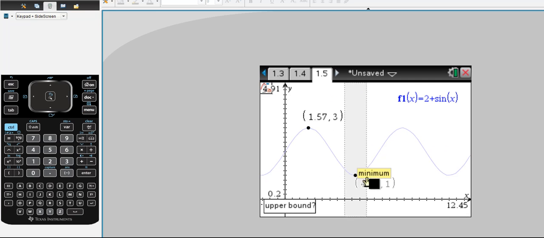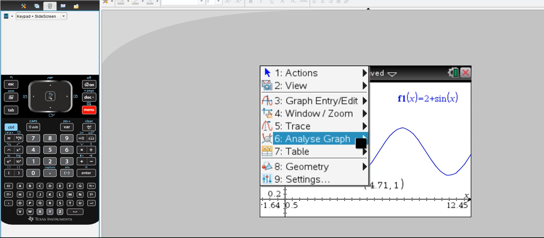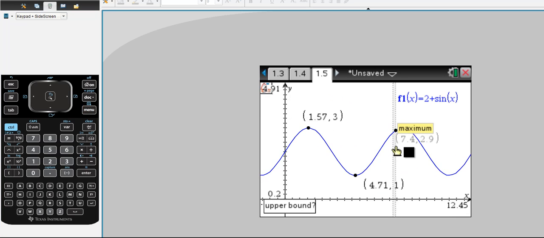So when x is between 1.57 and 4.71, f of x is decreasing. Then if we go to the right of 4.71, it's increasing again until we reach the top of the hill, the next maximum. So let's find the coordinates for this one. 7.85. So for x values between 4.71 and 7.85, the function f of x is increasing again.